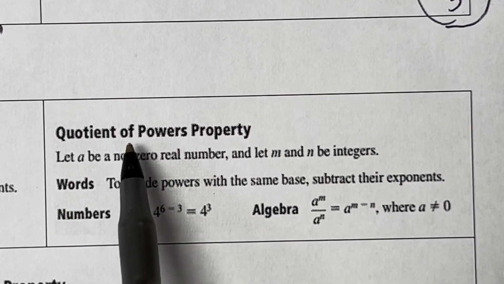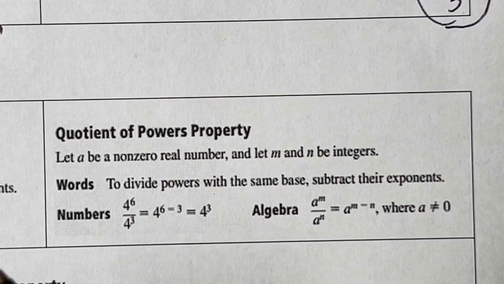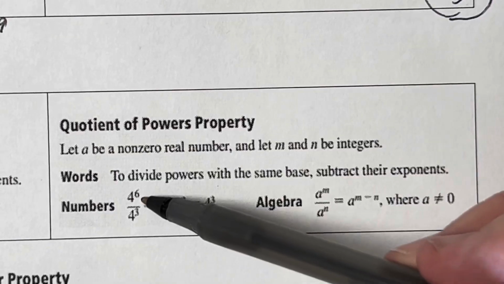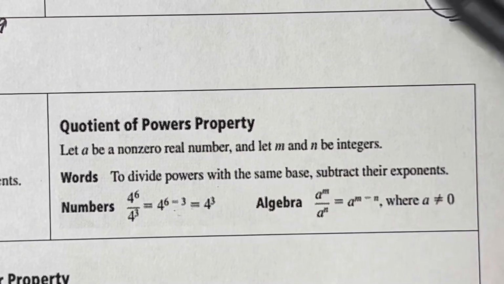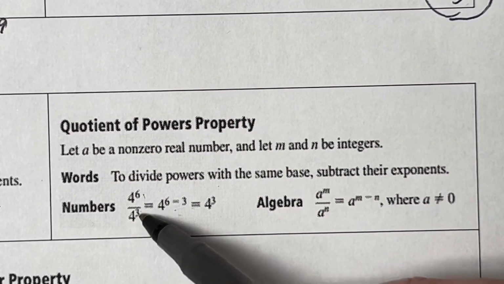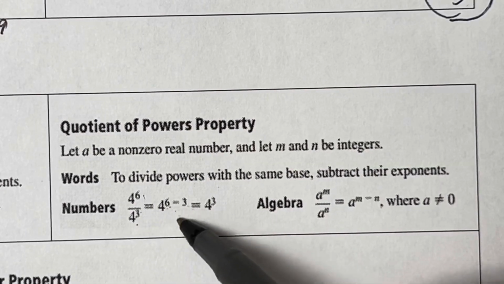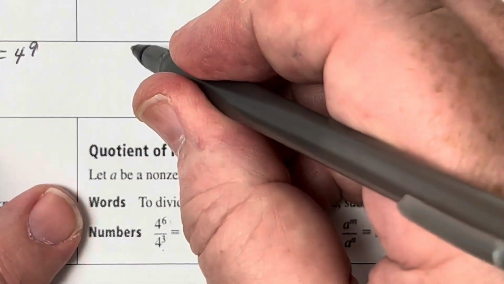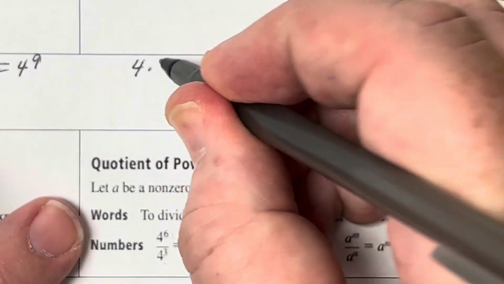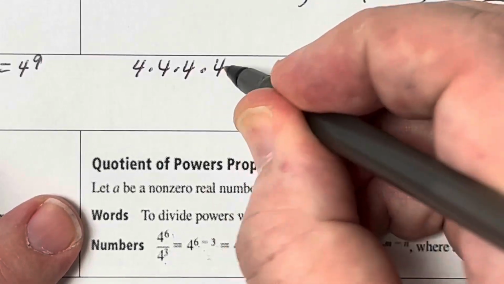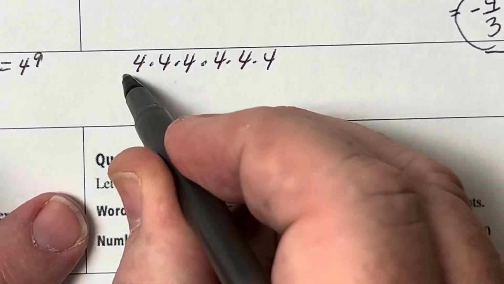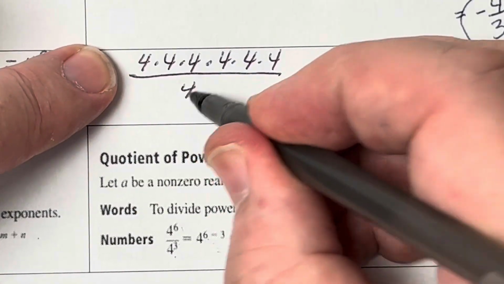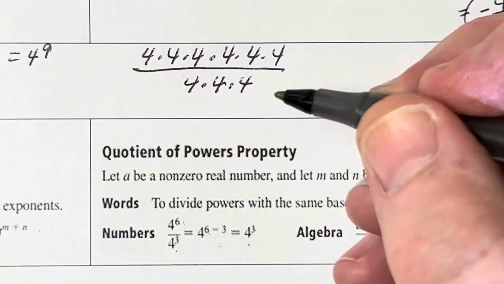It's the same thing with the quotient of powers property. When we're multiplying powers of the same base, we add. When you're dividing powers with the same base, you end up subtracting. So 4 to the 6th power divided by 4 to the 3rd power, we just do 6 minus 3 to get 4 to the 3rd power. And we can do that in expanded form as well to show how it works out. So we have 4 times 4 times 4 times 4 times 4 times 4, that's 4 to the 6th power in the numerator, divided by 4 times 4 times 4 in the denominator.